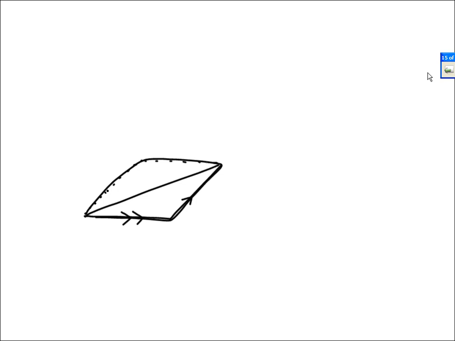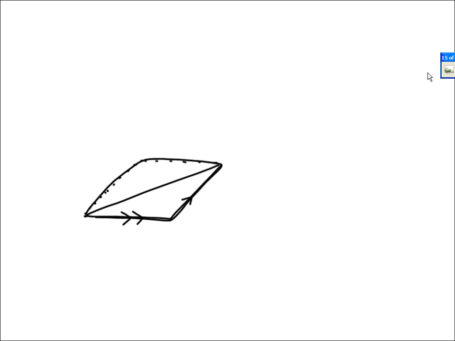Okay, so I'm going to give you a parallelogram, and we're going to compute its area. And it's a very simple process to do.